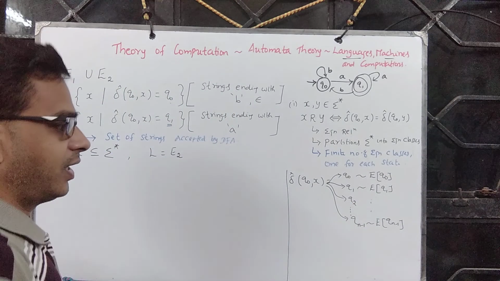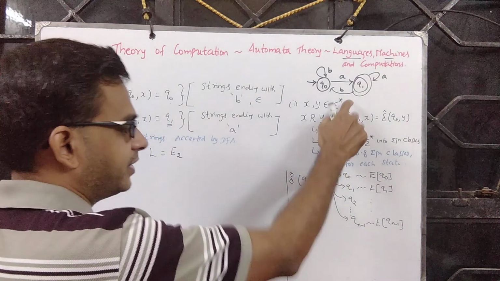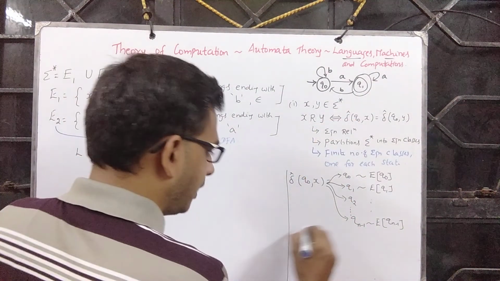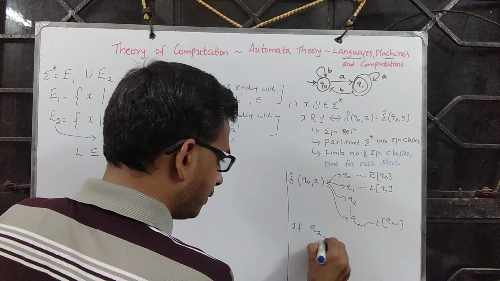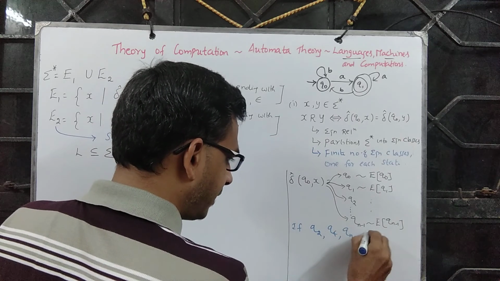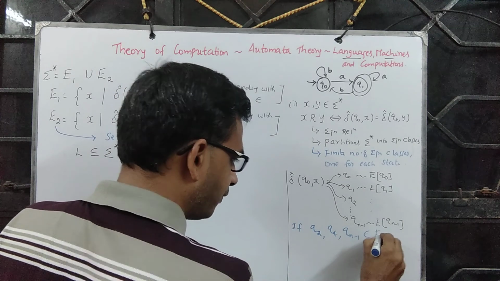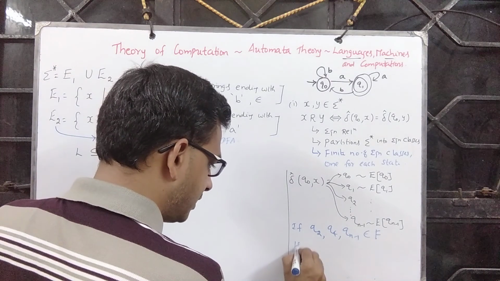Then identify the final states in the automaton, say q2 and q4 and say qn minus 1 belonging to the final states. Then what is the language?